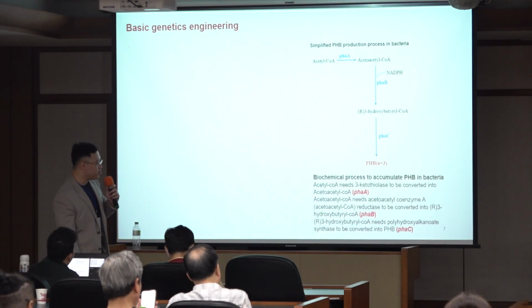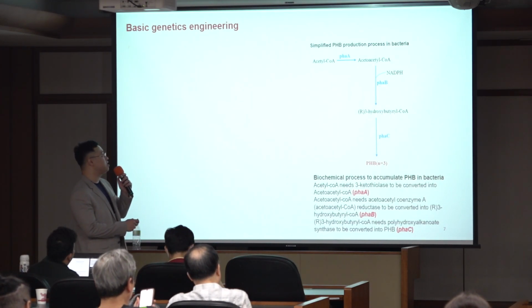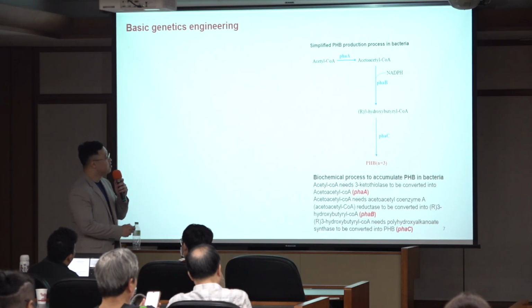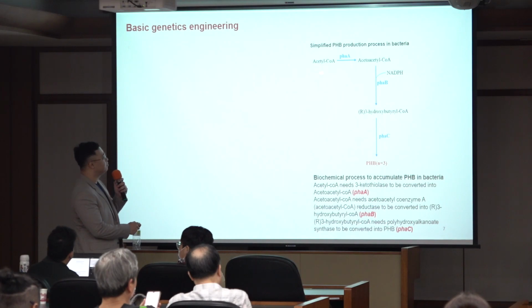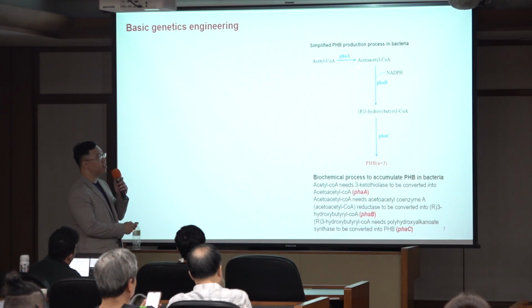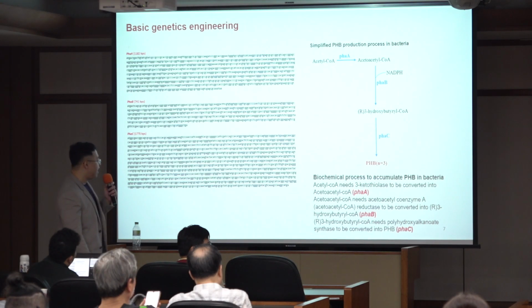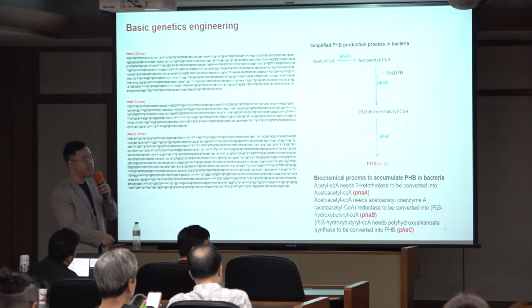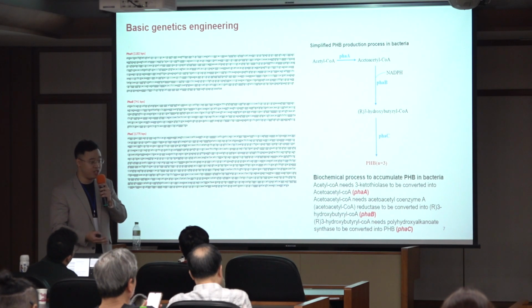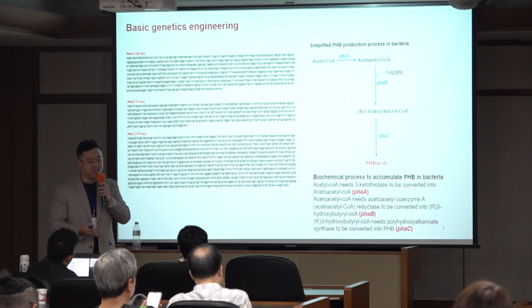I would like to introduce to you a simplified PHB production process inside the bacteria. We can already see that we have 4 chemicals and 3 reactions. Each of these 3 reactions requires 1 specific gene to happen. Here, let's say this is the DNA sequence of the gene. It's not a 100% match, but I'm just giving you an example.